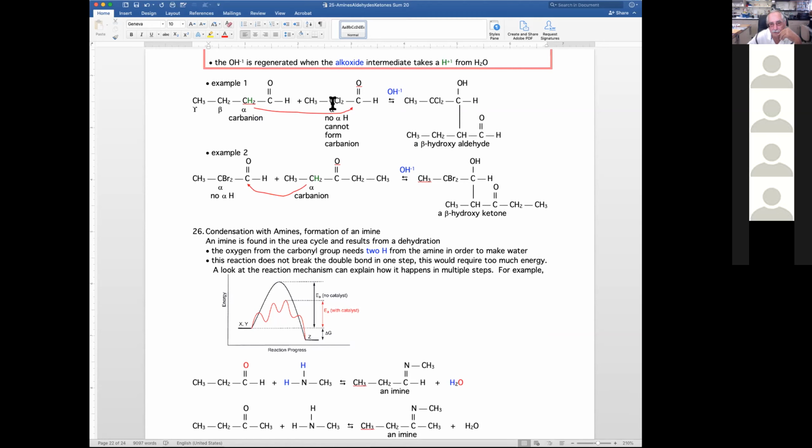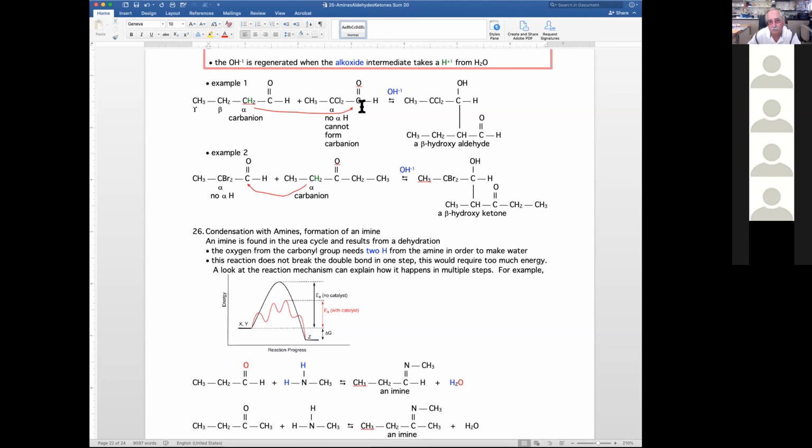Put those chlorines over there to make sure that there's no hydrogens there. So the only carbon that has hydrogens is this one in the alpha position. So what that means is that the hydroxide is going to take off the hydrogen from this alpha carbon. So that forms the carbanion right there. It's going to attack right there and form that new bond.